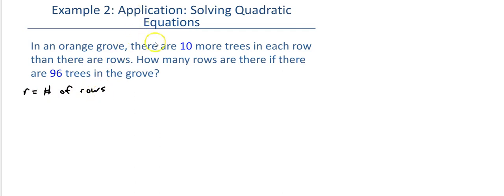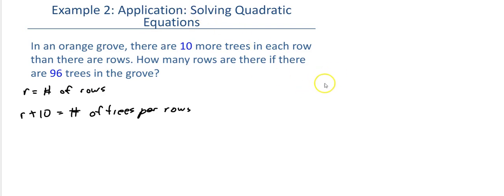Notice here, there are 10 more trees in each row than there are rows. So technically, you could have an R plus 10. Well, that's going to be the number of trees per row.